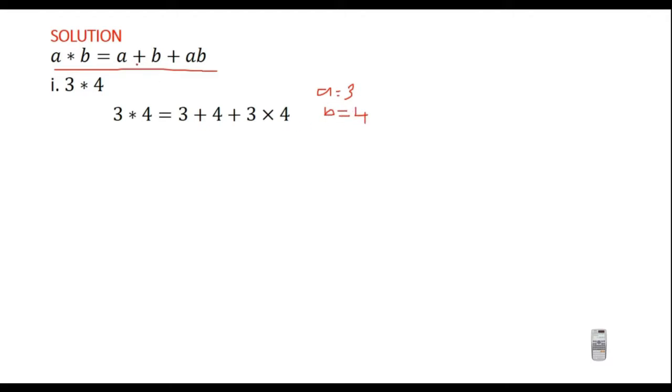So look at the definition. The definition is a plus b plus ab. So replace every a that you see with 3 and replace every b that you see with 4. So you are going to get 3 plus 4 plus 3 times 4.